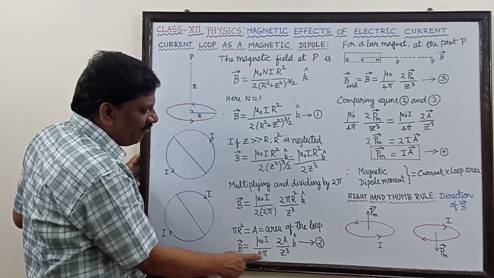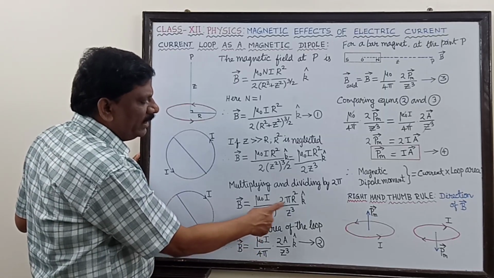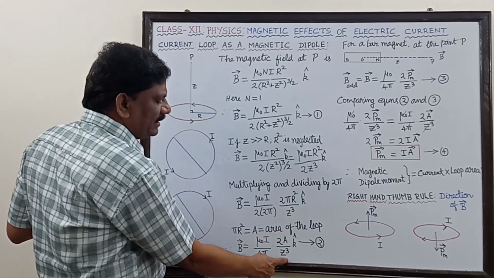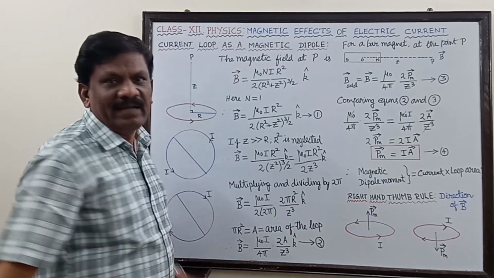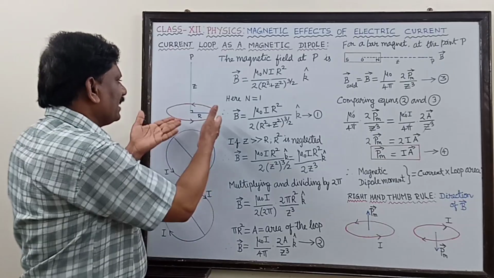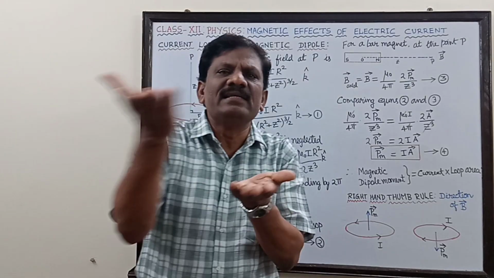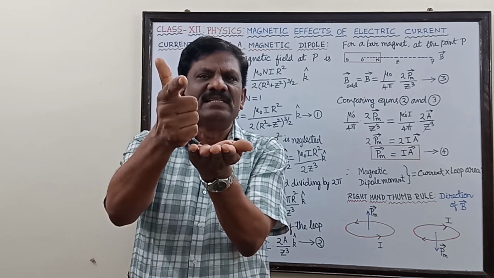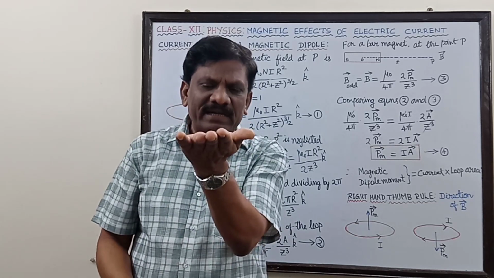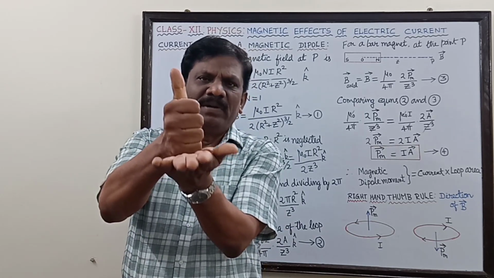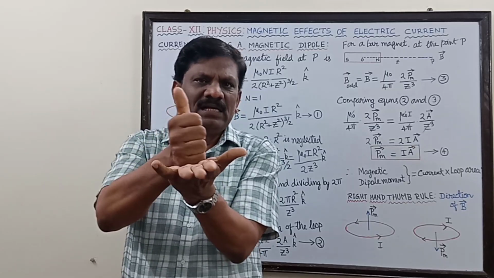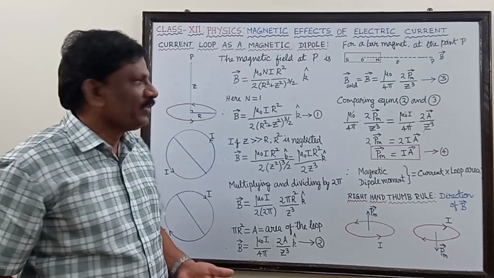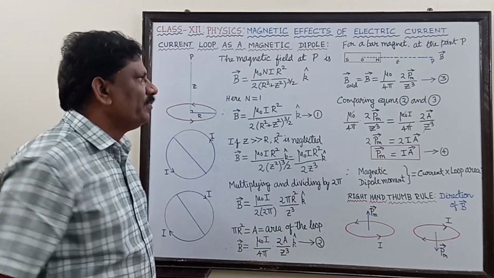So, mu naught I by 4 pi into 2 into pi R square, which is A, so 2A divided by Z cube into k cap. Now, if the circular area is a vector, then it must have a direction, is it not? The direction of the area vector is given by the perpendicular to the circular area. So, I can write A into k cap is equal to the A vector itself. So, this is equation 2.